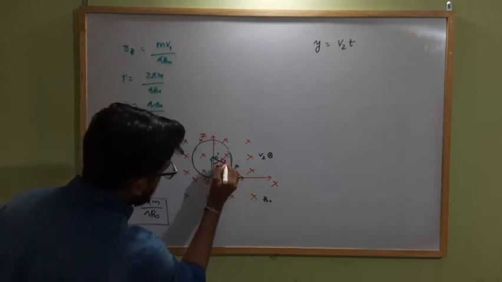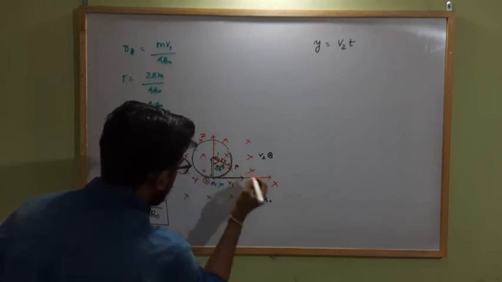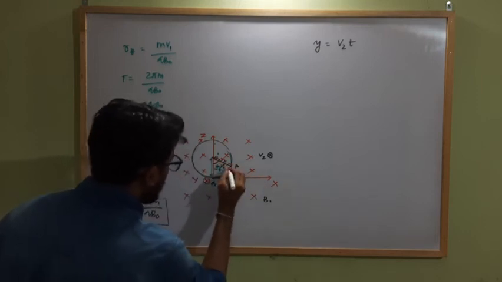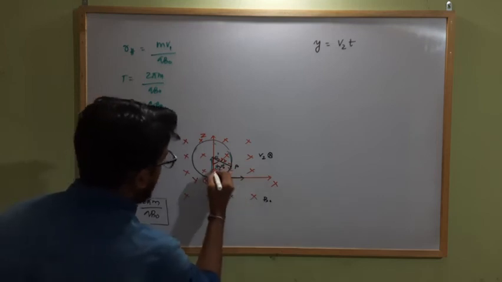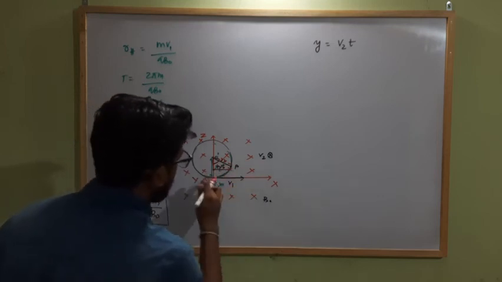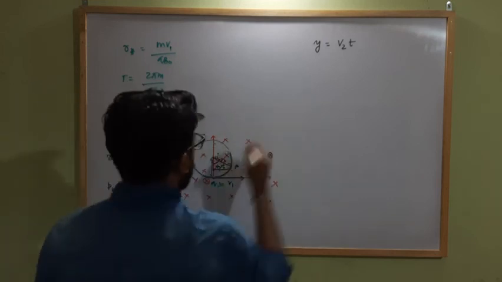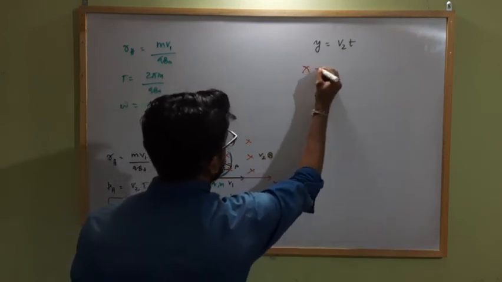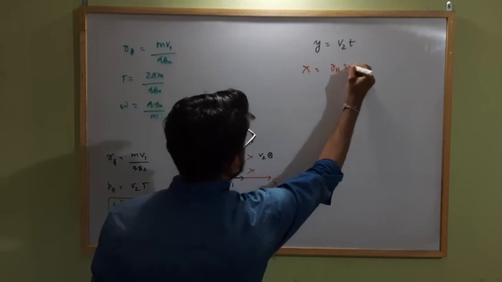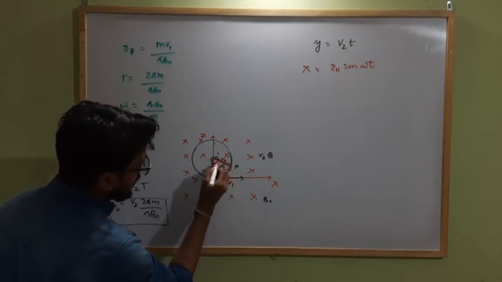This is RH. So the coordinate along x-axis will be the projection of this charged particle along x-axis. If this is r, this will be what? R cos omega t, and the length here will be r sin omega t. So the coordinate of the charged particle along x-axis at any instant t will be RH sin omega t, because this is the RH radius and this is angle omega t.